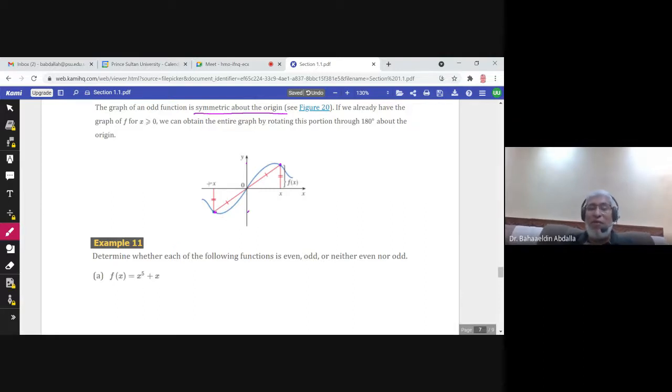So f of negative x is equal to negative f of x. So the graph is symmetric about the origin, which means if you take a line from this point to 0 and continue the same distance, you will get the other point, which is symmetric to the first one.